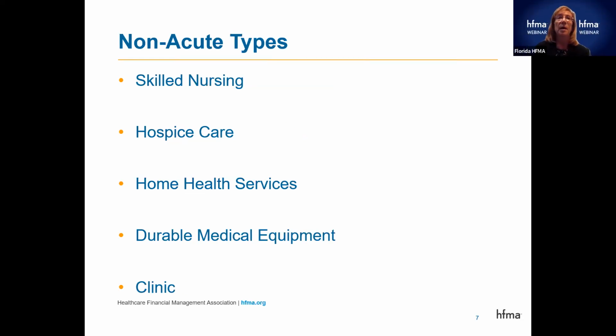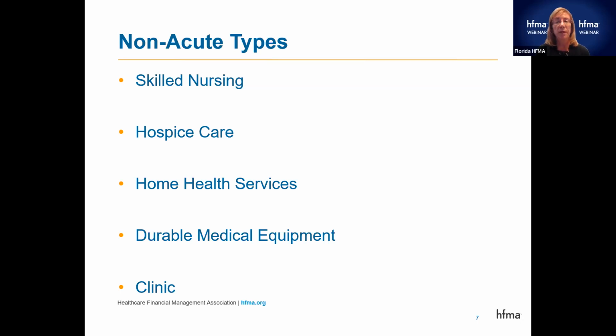Okay. Non-acute patient types. Patients are admitted into skilled nursing units or facilities when they no longer meet the criteria for acute care, but still need an inpatient level of skilled nursing care or rehabilitation services. These usually include orthopedic, surgical patients who require intense physical therapy, and stroke patients who require comprehensive rehab services.